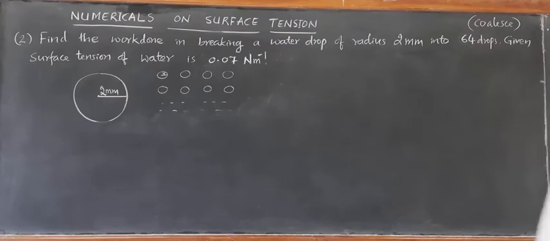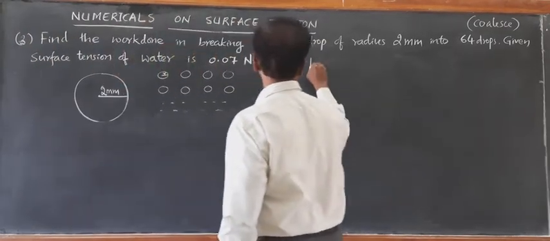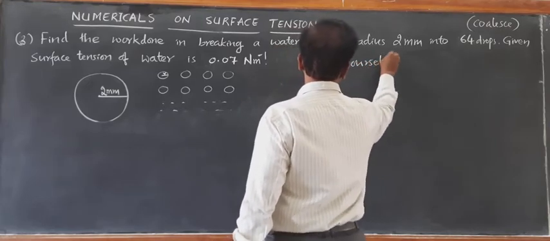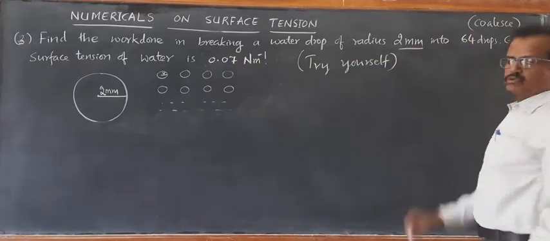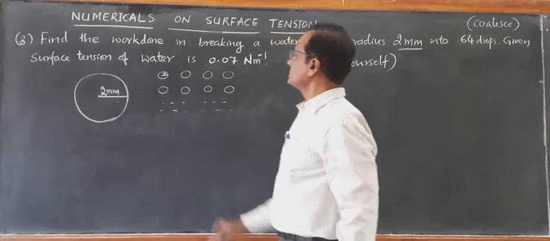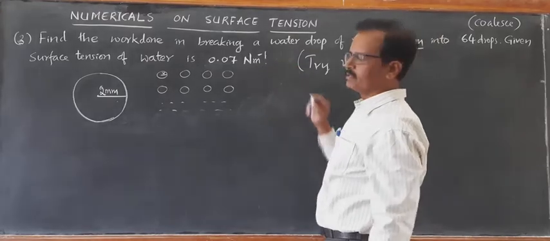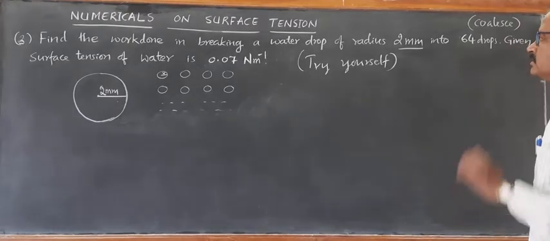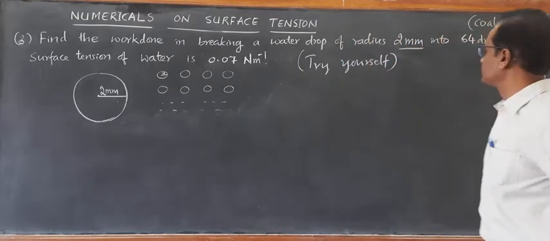Just a similar problem I am giving to solve yourself. Try yourself. What is the work done in breaking a water drop of radius 2 mm, with surface tension, let us say simply, 0.07 Newton per meter?